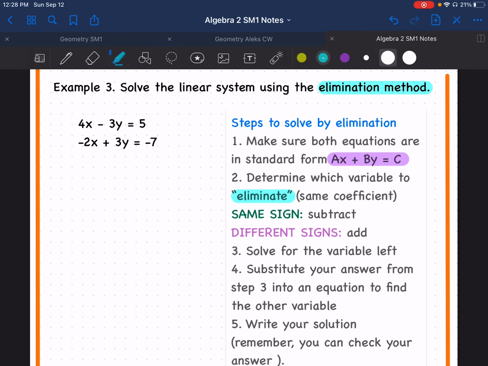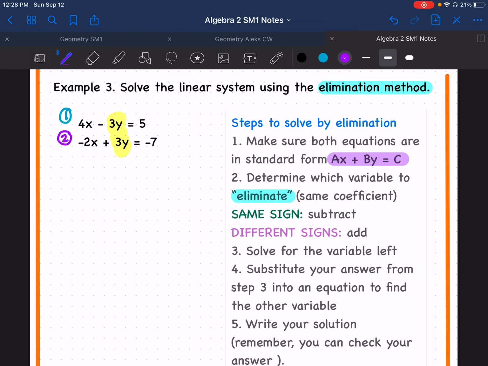Now, one of the things I like to do is highlight the one that I'm going to eliminate. I still have equation 1 and equation 2, but I need to see if they have the same number. Now I'm going to look at the signs.